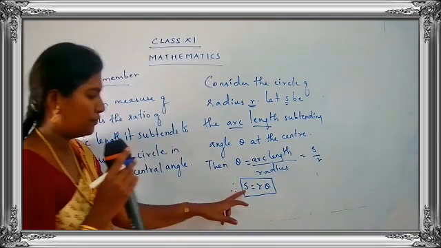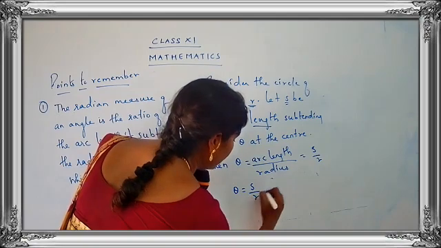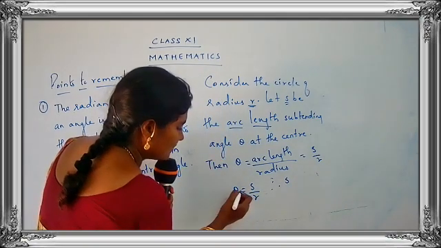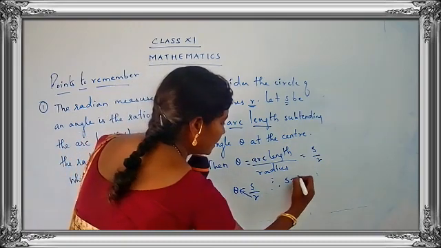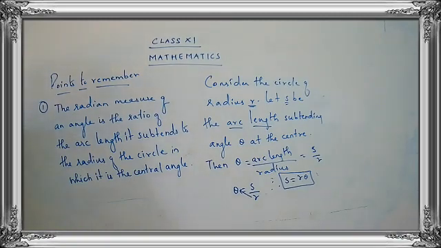So mostly we are going to use this formula. See here, children. So what you get here? Theta is equal to s upon r. Therefore, I want the answer in terms of s. So s will be theta into r, or you can say r theta. So write down the answer. Theta is equal to s upon r. So s is equal to r theta.